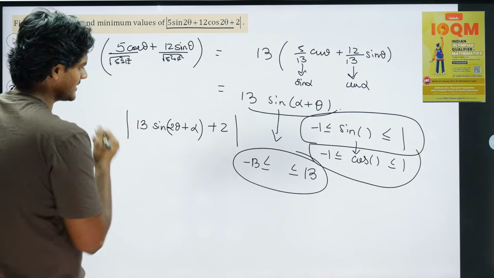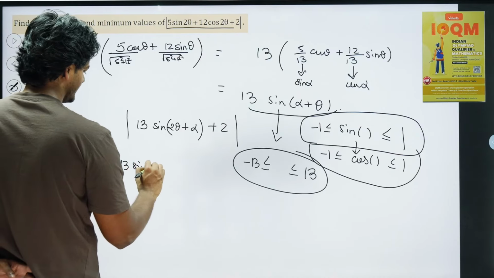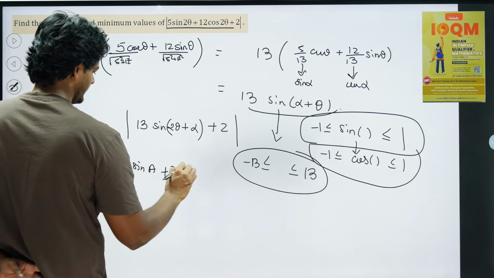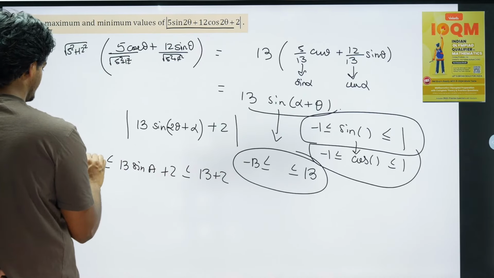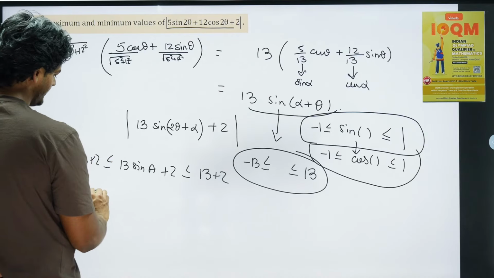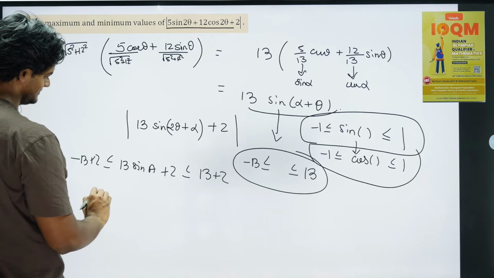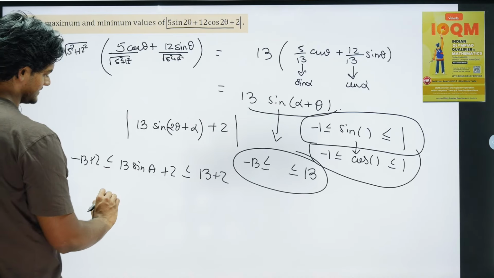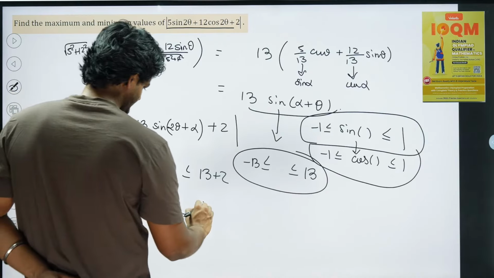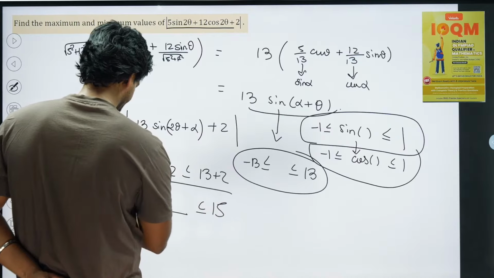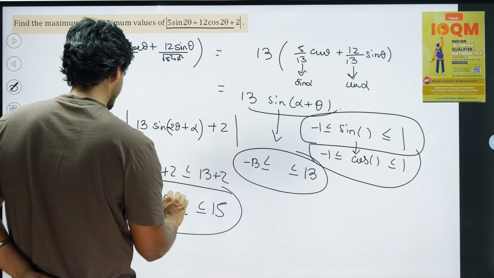So if that is between -13 and 13, if I am adding, so 13 sine something plus 2 will be between 13 plus 2 and -13 plus 2. So its minimum value inside the mod is -11 and less than or equal to 15. This is for 13 sine a plus 2.